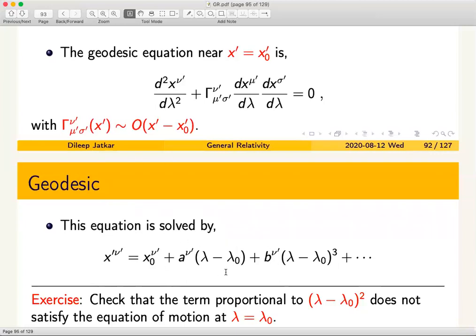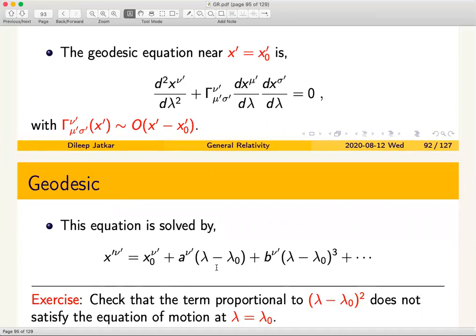Okay, so there's a piece which is linear in lambda minus lambda 0. Remember, x0 is at lambda equals lambda 0. So when you substitute lambda equals lambda 0, all these terms are going to vanish and you land up at this point. Okay, maybe I should have put a prime on this also, x0 prime nu prime, because that is what I have used.